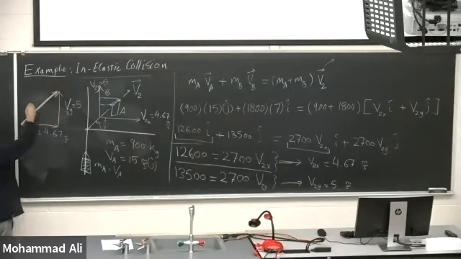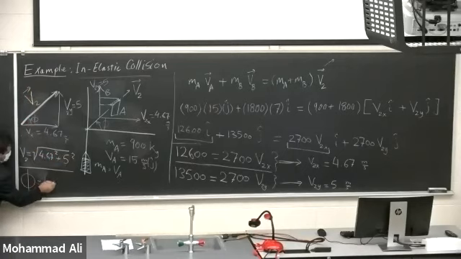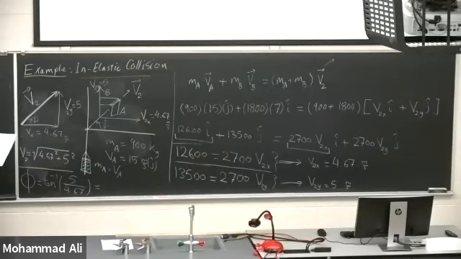We can find the speed. V2 is equal to the square root of 4.67 squared plus 5 squared, which is about 6.84. The angle is tan inverse, as always, of the y component over the adjacent, which is the x component of the velocity, which is 5 over 4.67, which is almost 45.